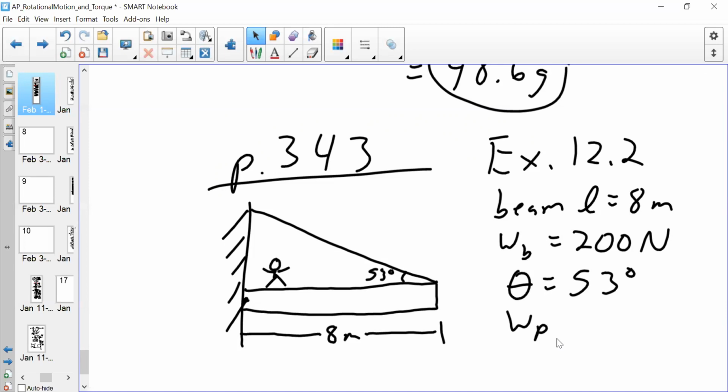So that's why it's at the center. Weight of the person, 600 newtons, and the person's distance away from the axis of rotation is 2 meters, right? So that's going to imply torques.